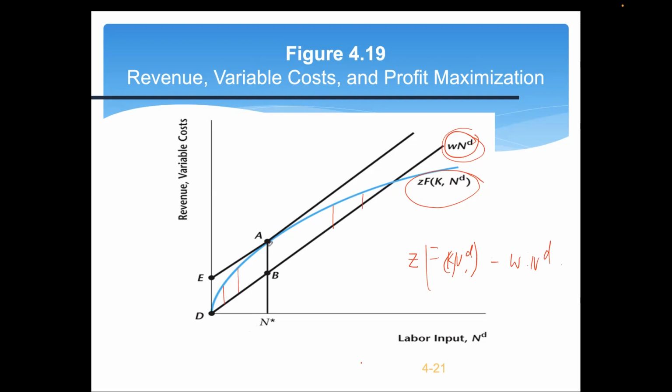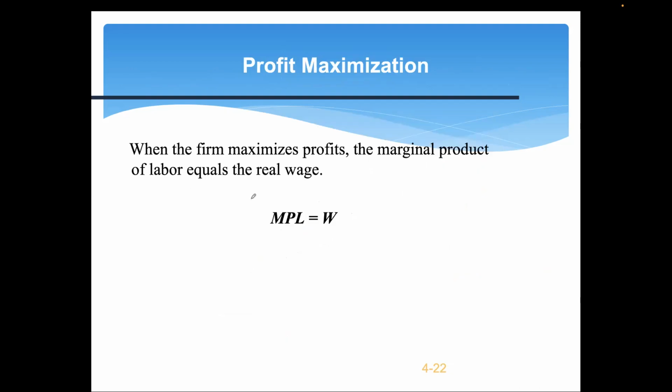And then clearly you can see the difference is going to be maximized when you choose this N such that the slope of this curve equal to the slope of this cost line. Or in other words, when MPN equal to W. So MPN is the slope of this curve, and the W is the slope of this cost line. Right? Or in other words, when the firm maximizes profit, they're going to demand workers such that this is true.